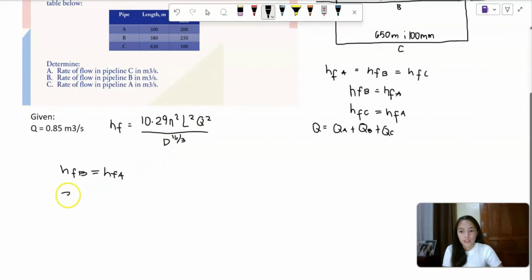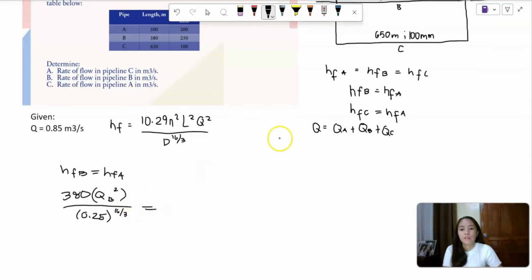So we have here 380, then Q sub B squared, all over the diameter for pipeline B, which is 250 millimeters, or equivalent to 0.25 meters, raised to 16 over 3.